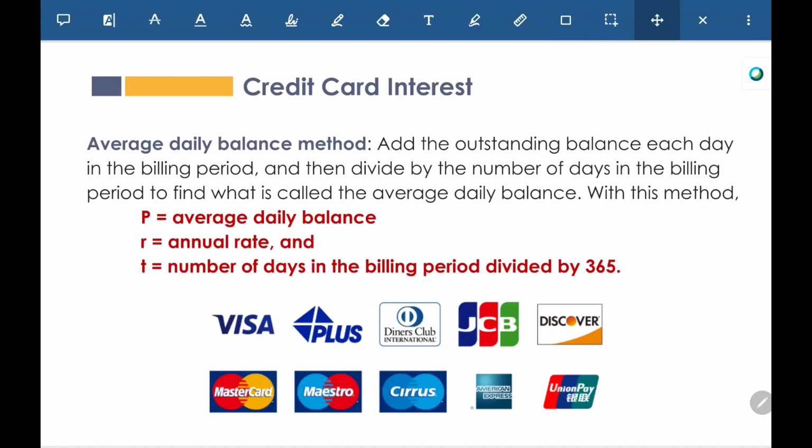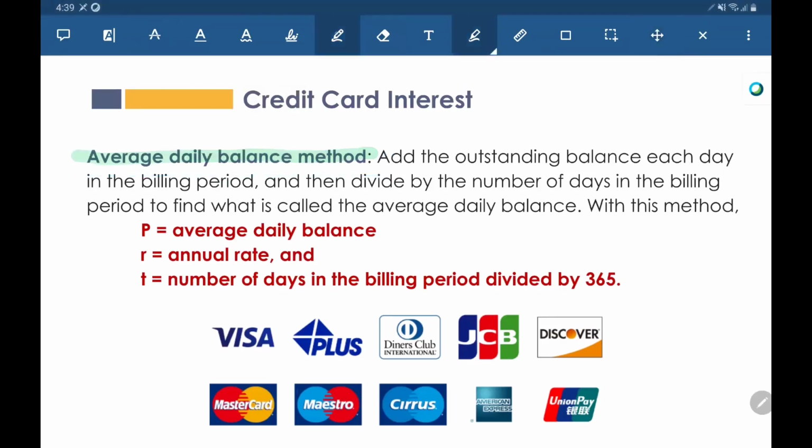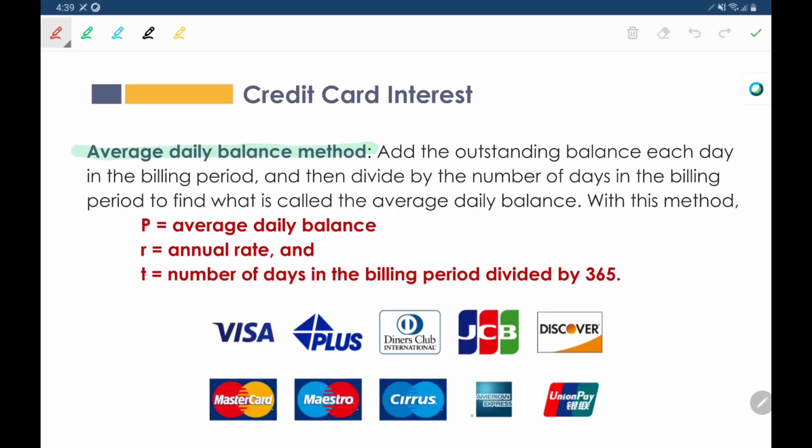But in the case of a credit card, the bank will use the method called the average daily balance method. This method uses the outstanding balance each day as a principal to calculate the interest every day in the month.